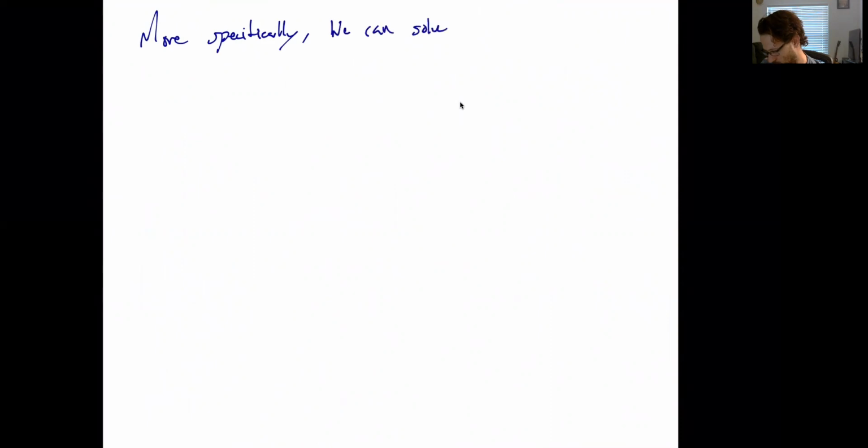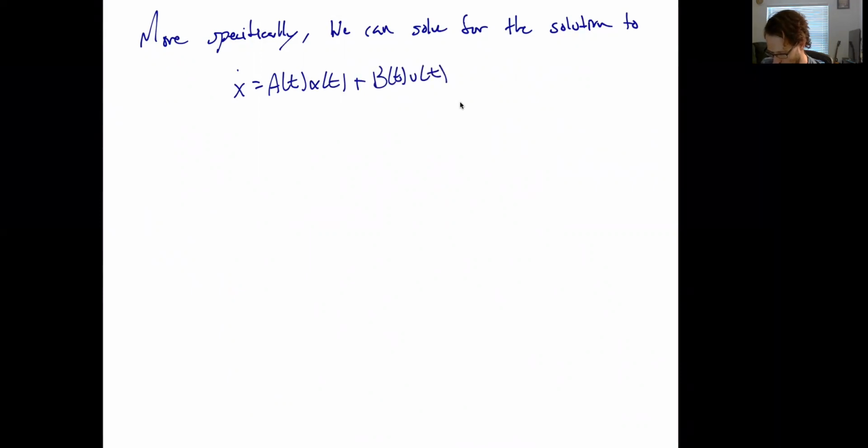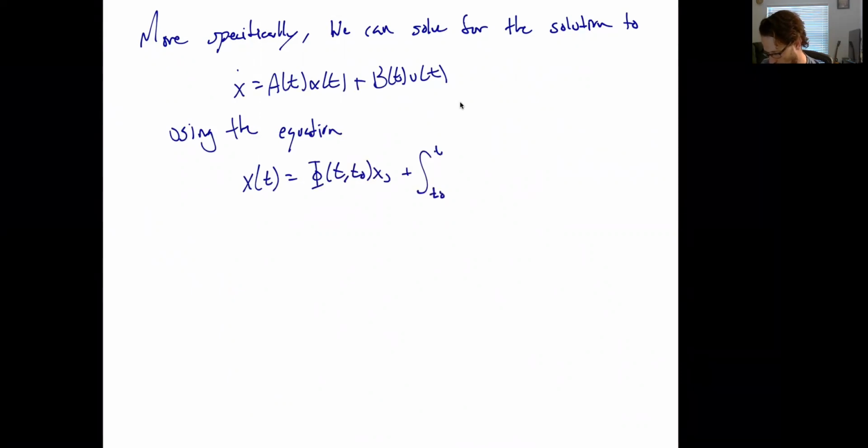we can solve for the solution to x dot is equal to A of t, x of t, plus B of t, u of t, using the equation x of t is equal to phi of t, t naught, x naught, plus the integral from t naught to t of the state transition matrix phi of t, tau, times the control matrix B of tau.